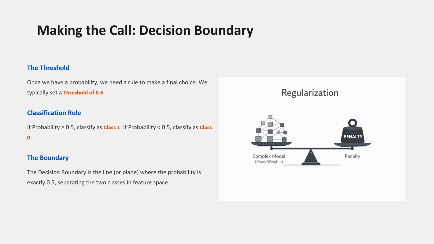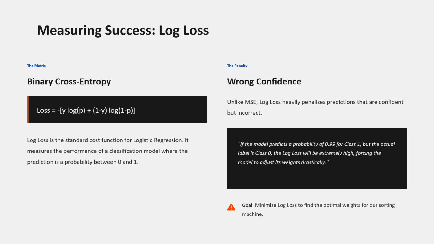Now, how do we know if our model makes good calls or not? For that, we have log loss, or we can say binary cross entropy as well. This isn't just any error metric. This is specifically designed for classification problems where we are predicting probabilities.